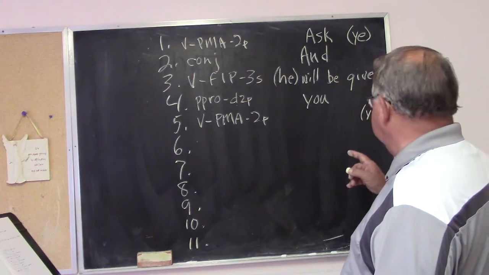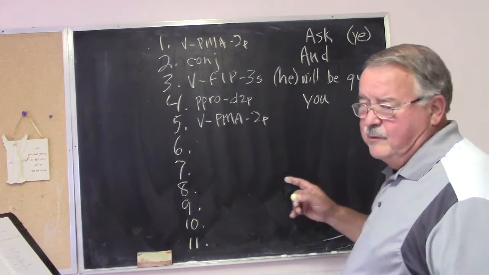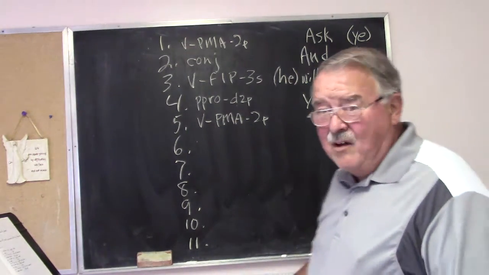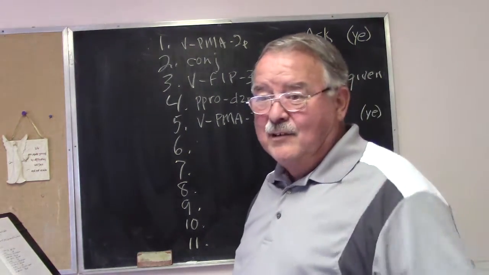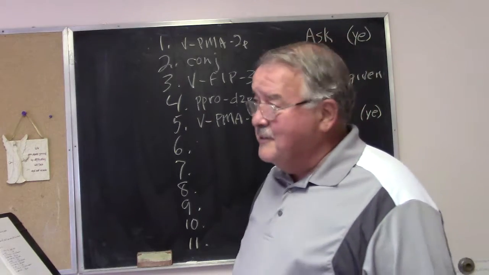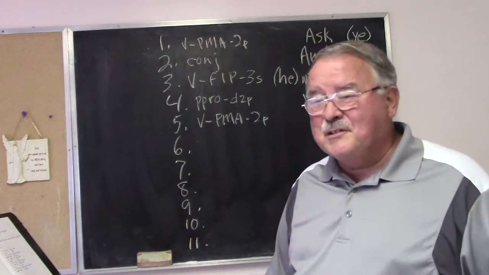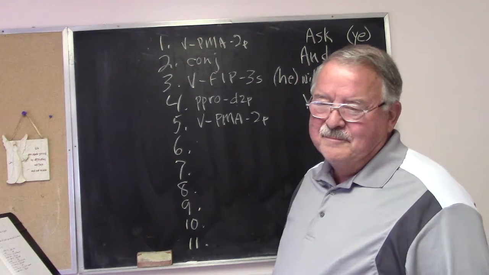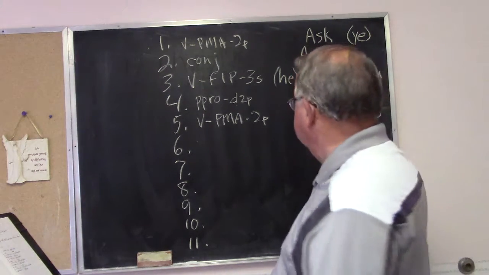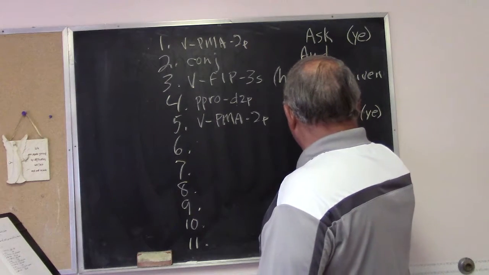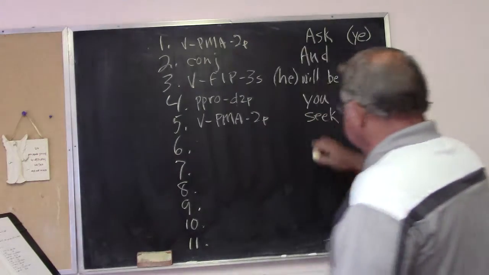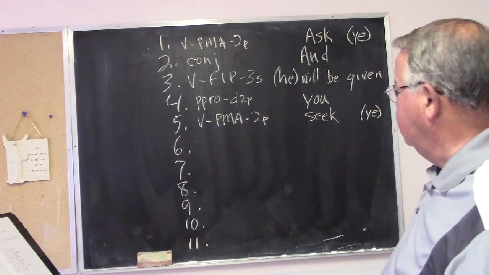VPMA 2P, and it's a command. I'm just not used to looking at this. All my students, all these fellas watching this video, are doing the same struggle. You've got to keep lined up which words you're on. Yes, that's right. To seek. Seek. Yep. It's a command to seek ye.